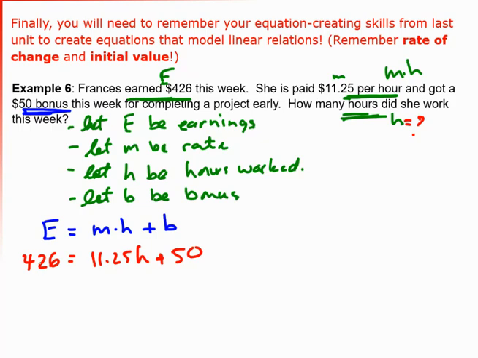So the 426 is a total that includes that bonus. So we have to peel that $50 away from what she earned for the week to get down to the hourly wage. So that cancels. 426 minus 50 is 376, and then 11.25 times hours.